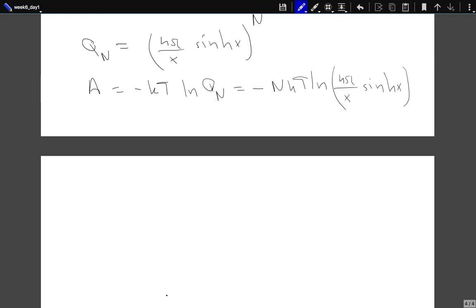Now we know the Helmholtz free energy, we can basically calculate everything. Well, let's look at the entropy. What was the entropy in terms of the Helmholtz free energy?